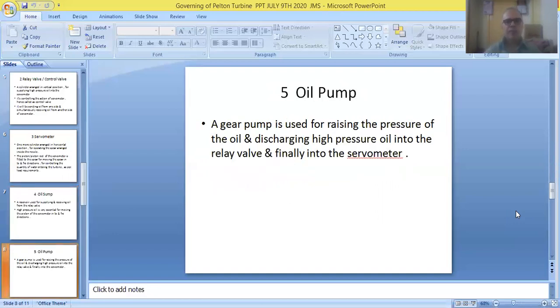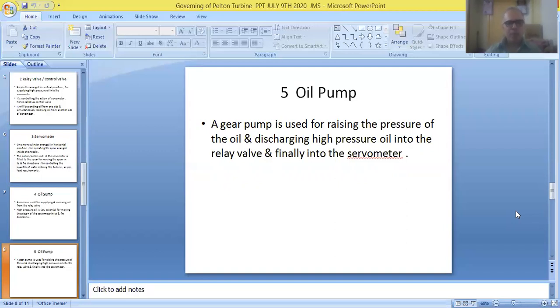Friends, we have discussed the necessity and arrangement of the oil pump. Generally a gear pump is used in this governing arrangement. It will take low pressure oil from the reservoir and raise the pressure energy of the oil. Ultimately, it will supply high pressure oil into the first cylinder and of course finally into the second cylinder.